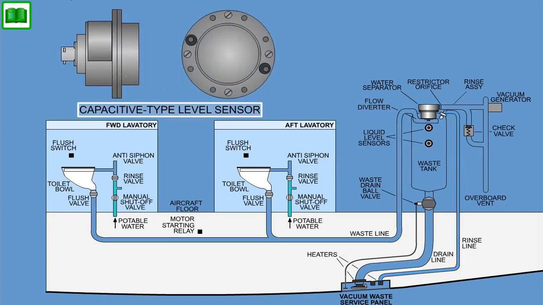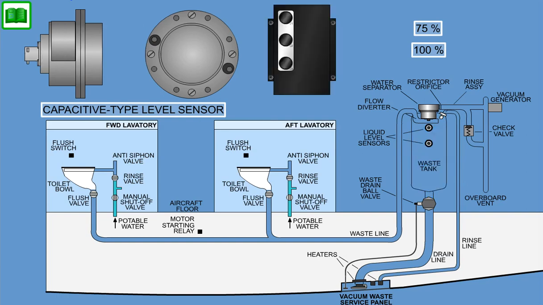Two capacitive type level sensors are used on the waste tank to detect liquid on the sensing surface. They are located so that fluid in the tank is detected when it reaches 75% and when it's full, or 100% capacity. The sensors are electrically connected to the WWSC to transmit a 75% or full signal.